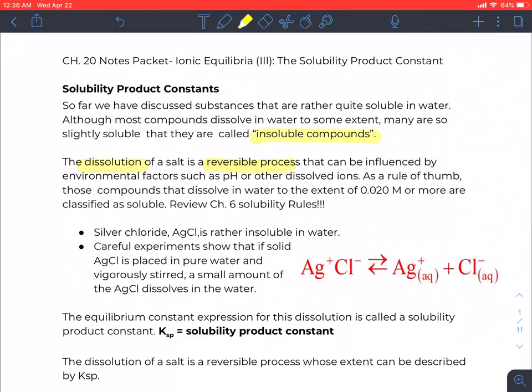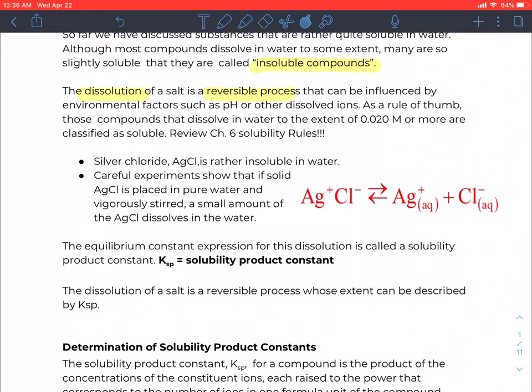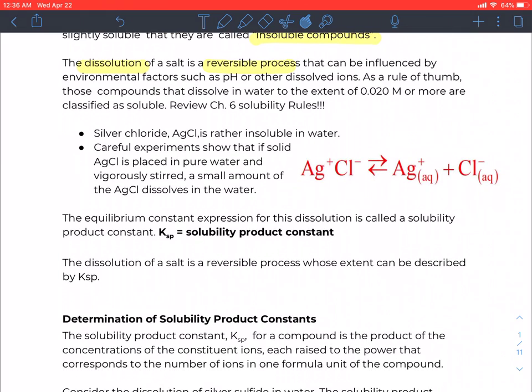As a rule of thumb, those compounds that dissolve in water to an extent of 0.02 molar or more are classified as soluble. Silver chloride is rather insoluble, meaning that it doesn't really dissolve in water, or at least it dissolves less than that amount.